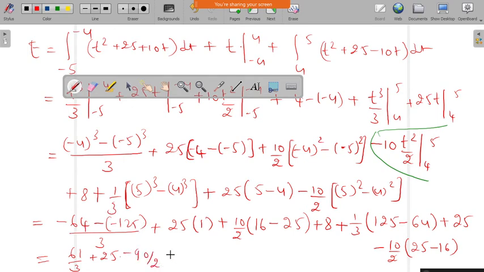Plus 8, again plus, so here 125 minus 64, so again 61 by 3, plus 25, minus, so here again 25 minus 16 is 9, minus 90 by 2. So now you can simplify this one. 25 plus 25 is 50, plus 8 is 58, so 58 plus 2 times 61 by 3, and then minus, final answer I will write in the next step.